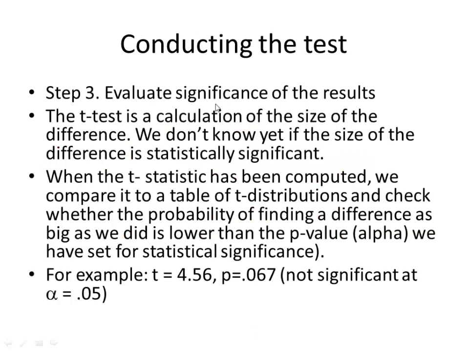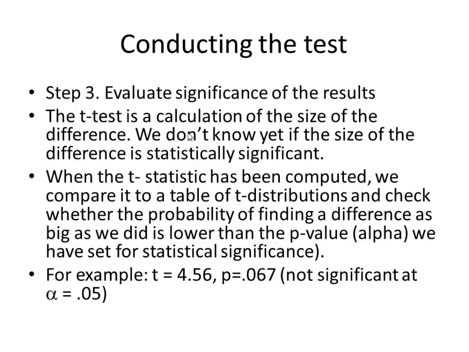So then you evaluate the significance of the results that you found. The t-test is a calculation of the size of the difference between the 2 groups, but based on the t that we calculate, we don't know whether that size of the difference is statistically significant until we go to our table of t distributions and we check whether the probability of finding a difference as large as we did is lower than the p-value that we've set for this study.